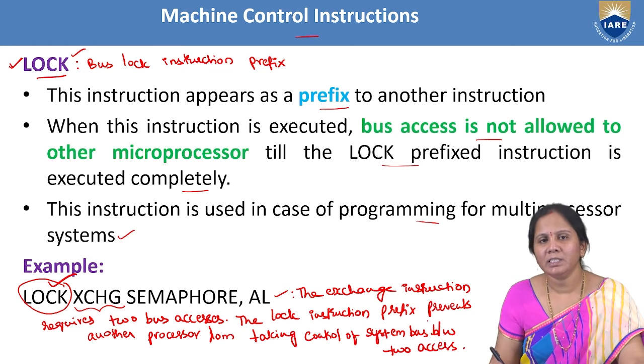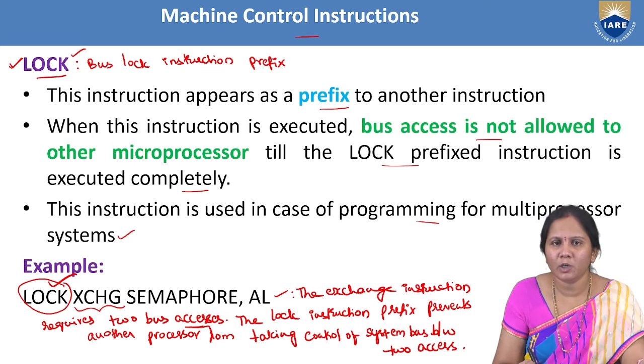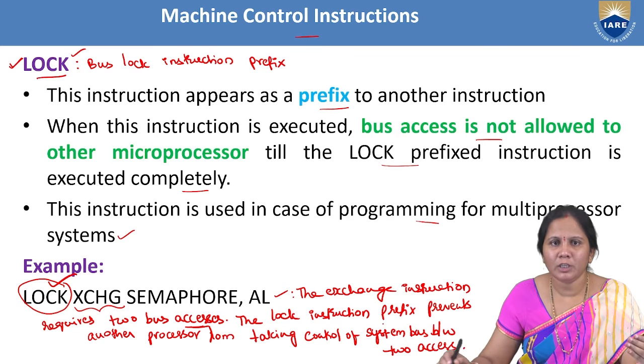Generally the exchange instruction requires two bus accesses, so if you write lock as a prefix to this exchange instruction, the bus will be locked between these two bus accesses.